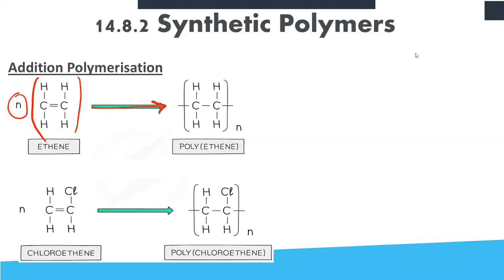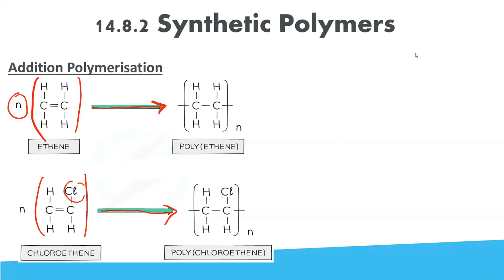Like that, if it is chloroethene, that means in an ethene molecule there is 1 chlorine atom. N means the number of chloroethene molecules, like the number of ethene molecules. Then we draw an arrow and polychloroethene. Okay.